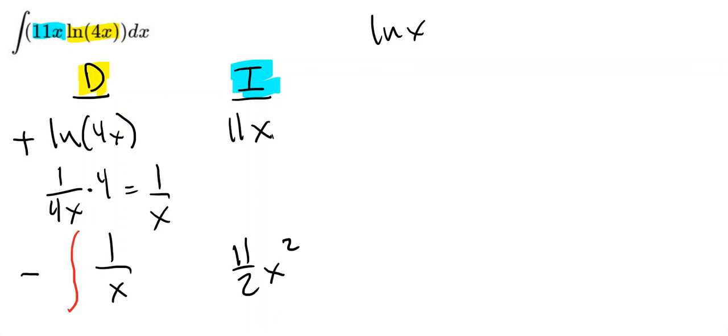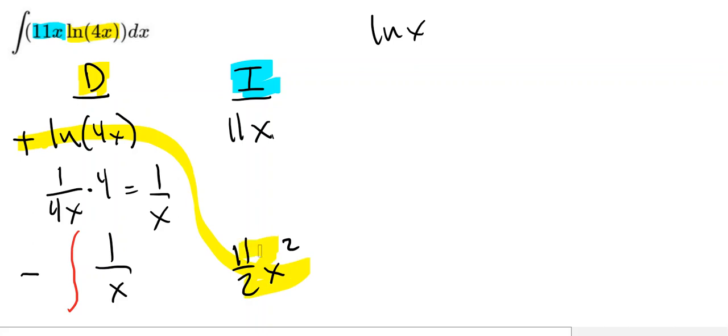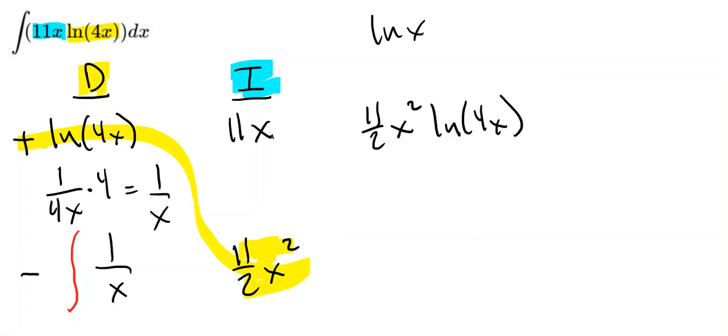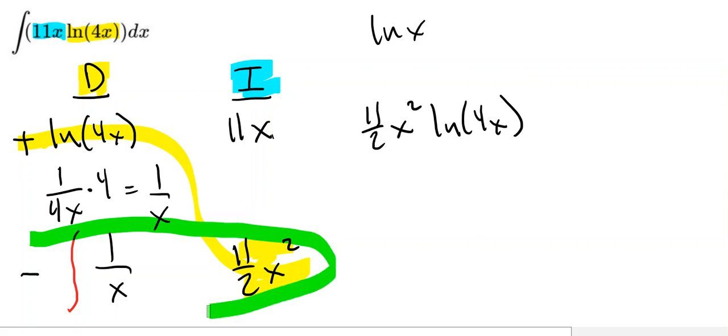So what we're going to do now is we're going to take this and we're going to make a diagonal just like we did before, multiply that. So let's do that. We're going to have 11 halves x squared times the natural log of 4x. Now we're going to do something a little bit different than our previous technique. What we're going to do now is we're going to do all of this.